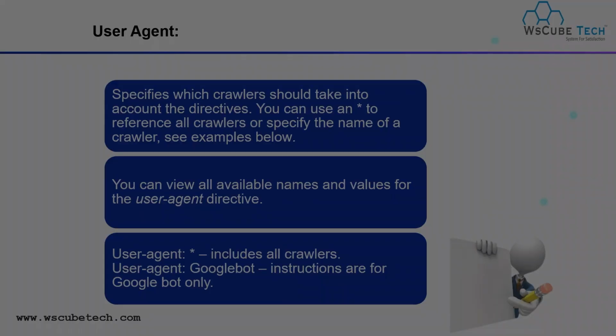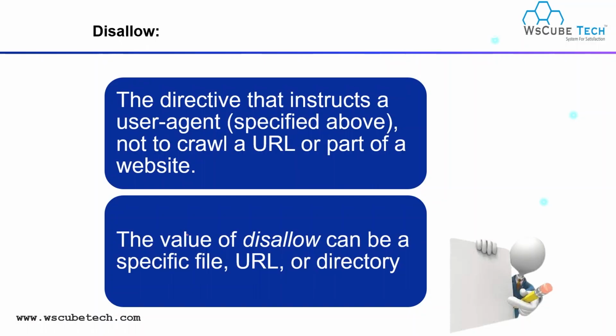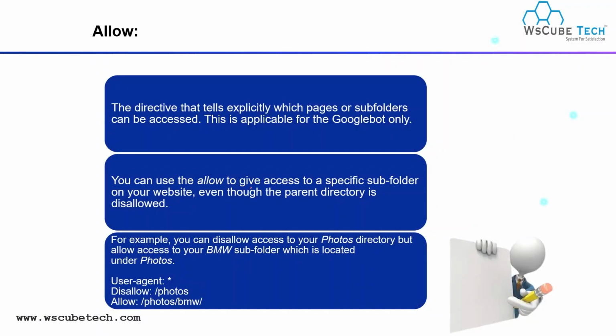Next we have allow. The allow directive tells explicitly which pages or subfolders can be accessed. This is applicable for Googlebot only. You can use allow to give access to a specific subfolder on your website even though the parent directory is disallowed.